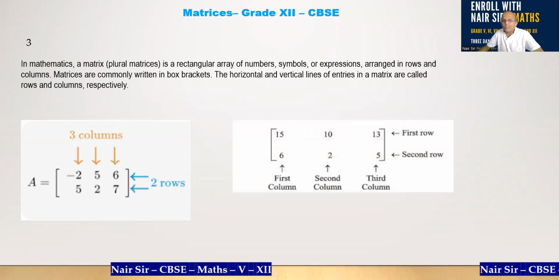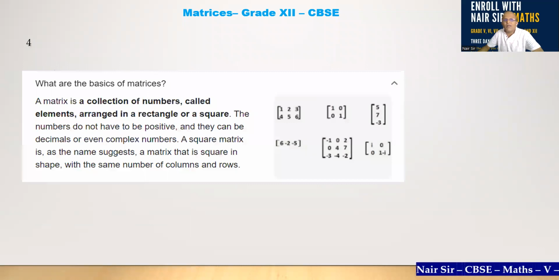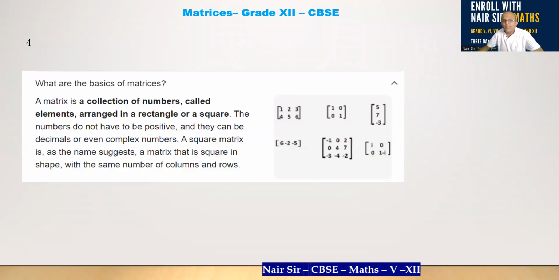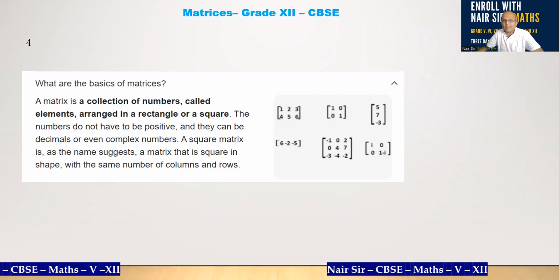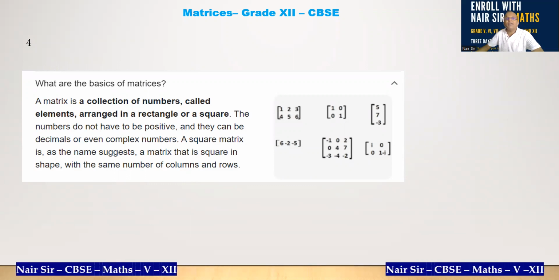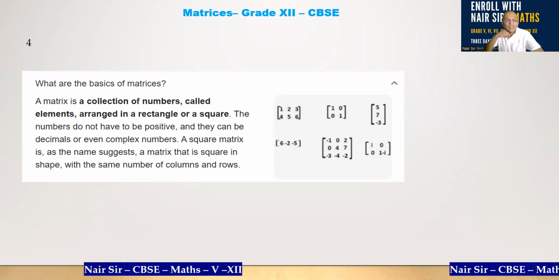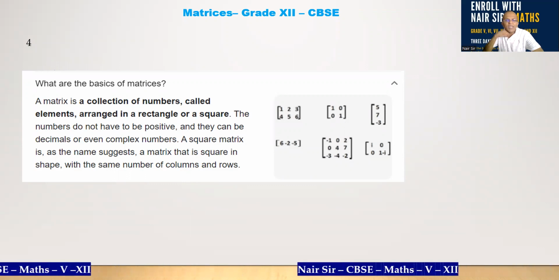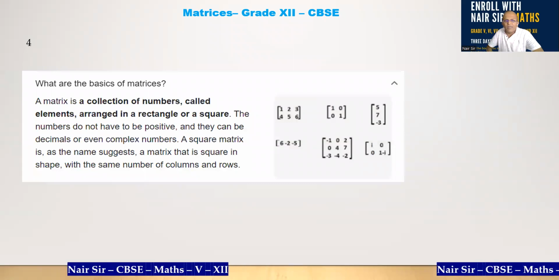I've explained this to you, the first row, the second column. Going quick now. Definition. What is the basic definition of a matrix? A collection of numbers called elements arranged in a rectangle or square. Now, in this particular matrix, can you tell me which one is a rectangle?